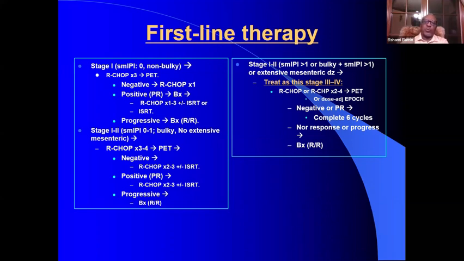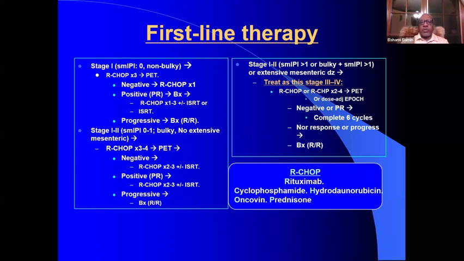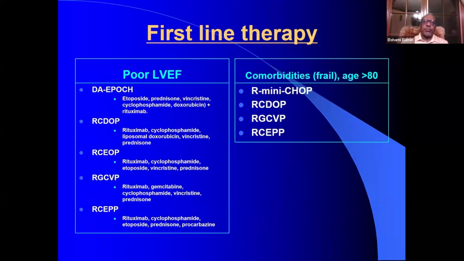Refractory disease means disease progression immediately after treatment, so there is no time difference between a response and recurrence. This is just a reminder of R-CHOP: rituximab, cyclophosphamide, hydroxydaunorubicin, Oncovin or vincristine, and prednisone.